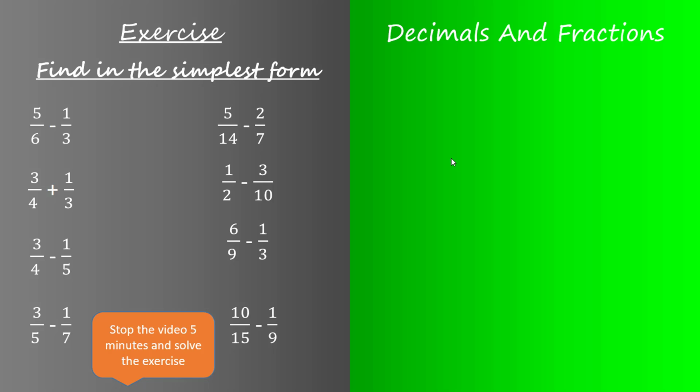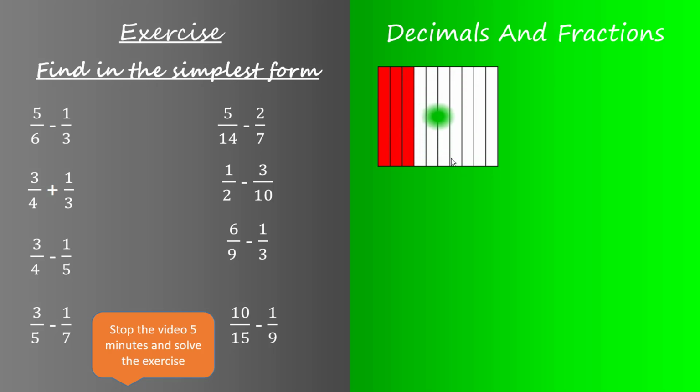Decimals and fractions. This is the last section in this video. If we have a picture like this and we divide this region into 10 equal parts, we can write the fraction here as 3 over 10, since we colored 3 parts. We studied before how we can write the fraction as a part of a region. So we can write it in another form, called the decimal form.